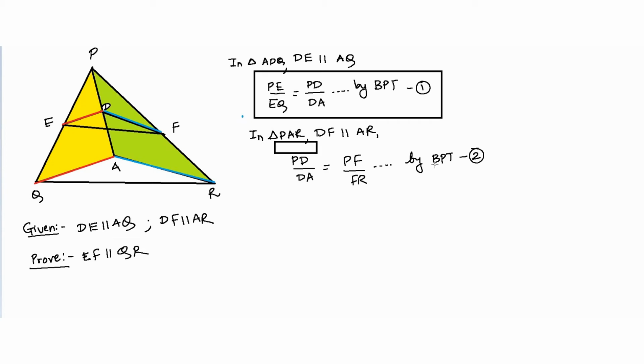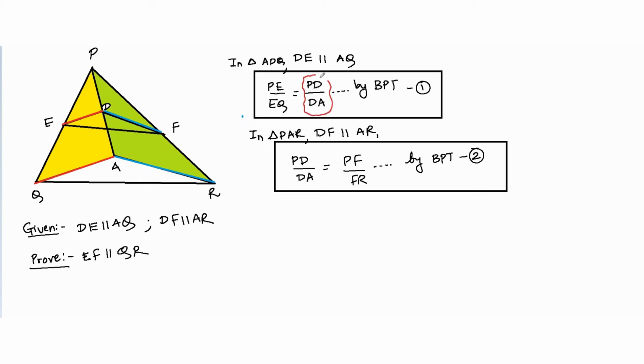So now in these two results, I notice that something is common. The ratio PD upon DA is common in both the equations, and because one term is common in both the equations, I can conclude from 1 and 2 that PE divided by EQ is equal to PF divided by FR.